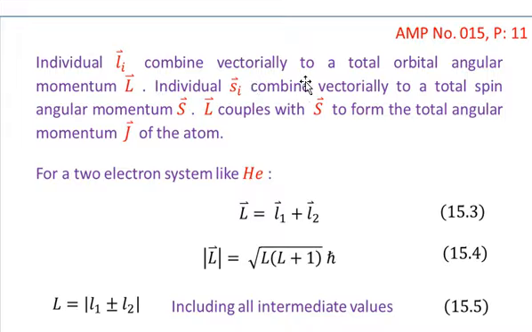Individual Li combine vectorially to a total orbital angular momentum capital L. Individual Si combine vectorially to a total spin angular momentum capital S. So here all orbital angular momenta Li will combine to give you the total angular momentum L of the atom, and similarly all the individual spin angular momenta Si will combine vectorially to give you the total spin angular momentum capital S. When we have created capital L and capital S as the total orbital angular momentum and the total spin angular momentum, these two quantities will combine.